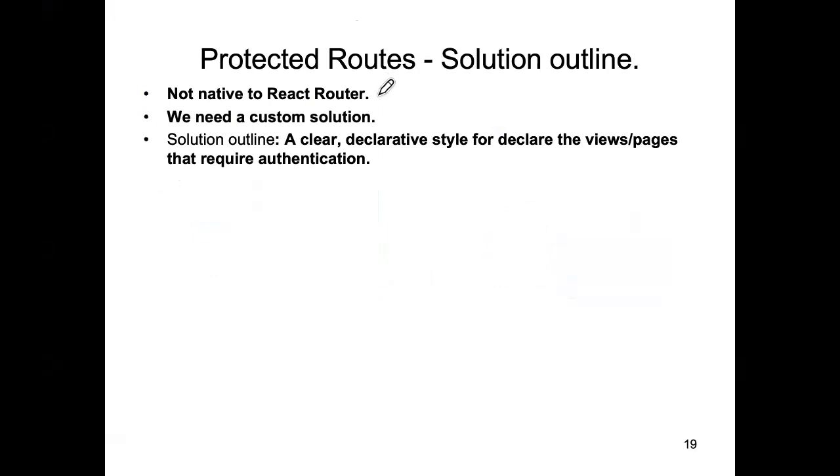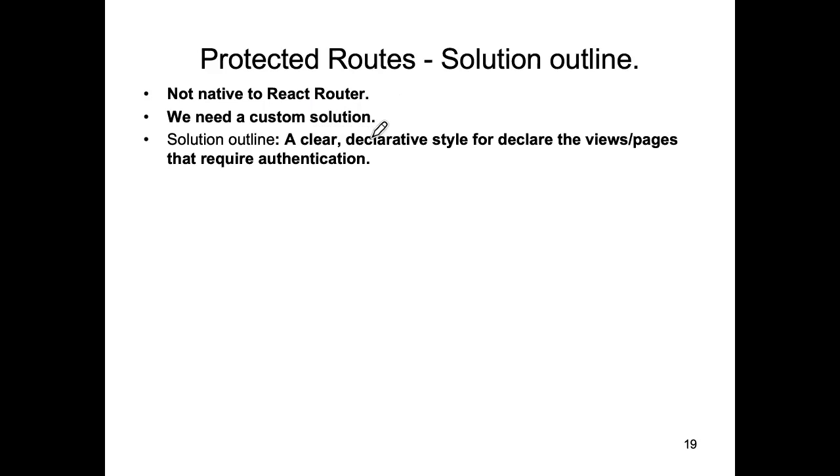If you Google on the web, you'll get lots of solutions to this problem, and that's essentially what I did. I found one that had a particularly nice implementation in terms of its declarative nature, et cetera. So overall, we would like a clean declarative style of implementing this protected routes problem.